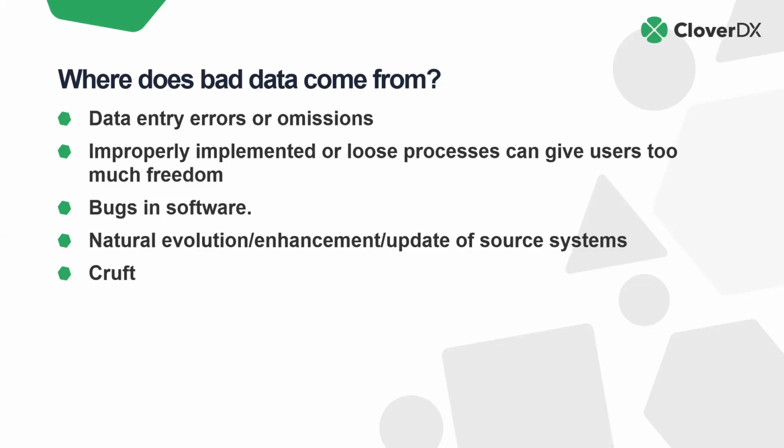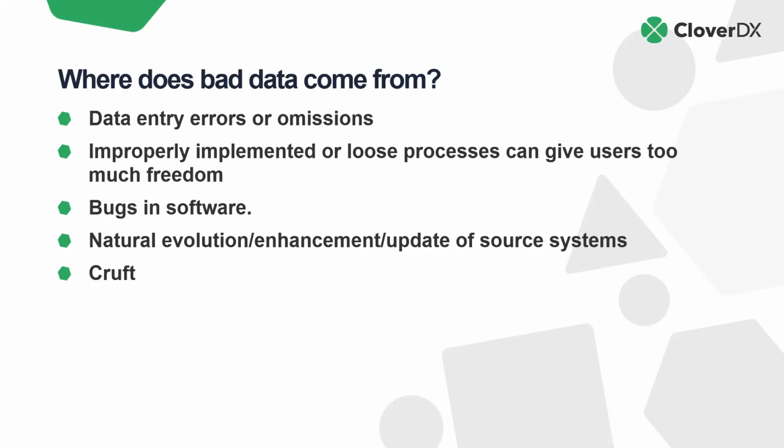Bad data can also come from or be introduced by software. A new release of software may write data in the wrong spot. And systems just naturally evolve. Features get added or removed, but maybe the associated data structures don't move in tandem and can become collection points for bad data.